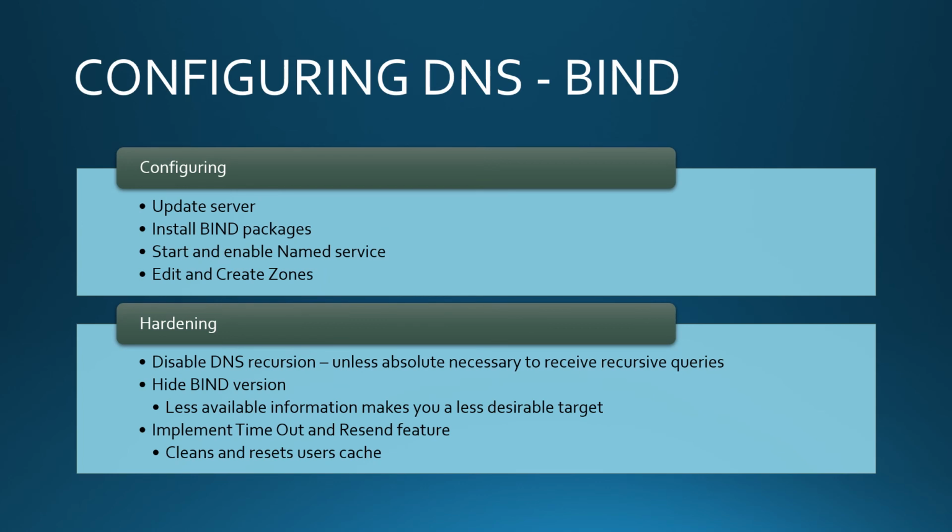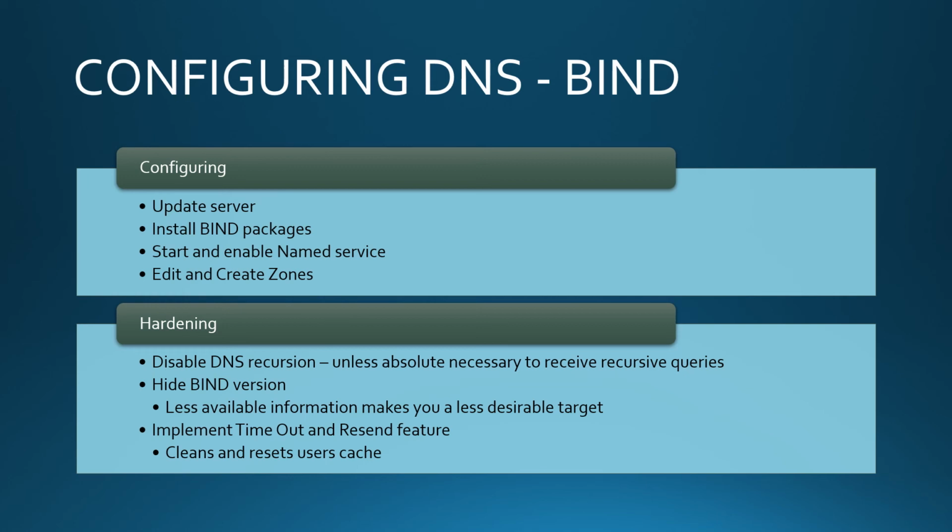Configuring DNS with BIND. This is the Linux command line. I could have put 3 slides of the command lines just for this, just to create different zones, but I'll just give you the overview. In my sources cited, there are plenty of sources that'll walk through every single part of this.